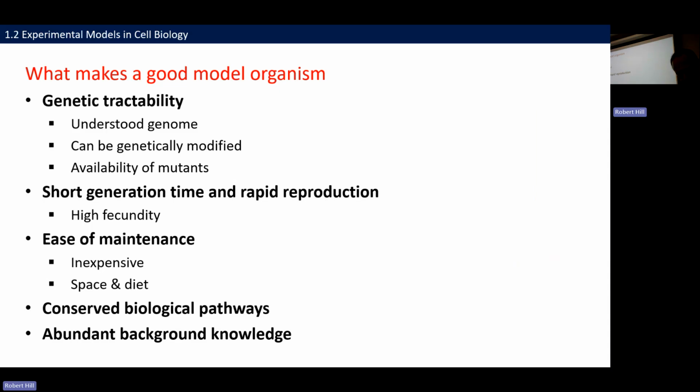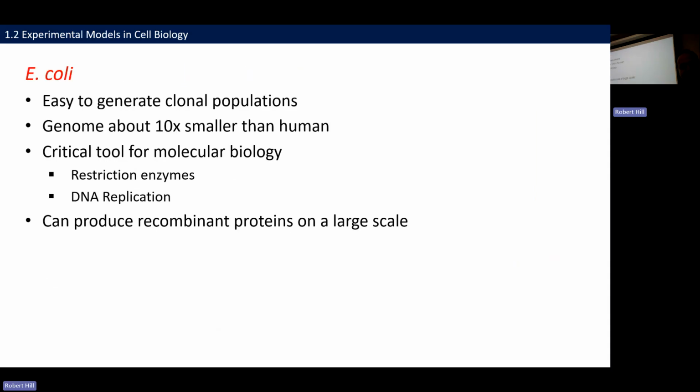Okay, so what are good examples of model organisms? E. coli is definitely fundamental to cell and molecular biology because of the ability to study the molecules in E. coli. Studying DNA is ultimately very important.